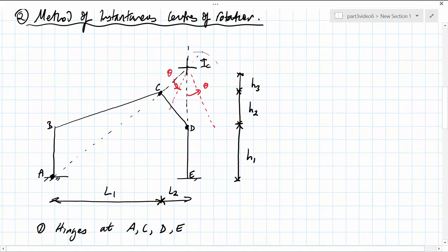So this then allows the rigid body C and D to swing through the angle theta. Then we need to connect all of the other parts of the structure up to this displaced rigid body. So rigid body A, B, and C has now moved. And similarly, rigid body D and E has also moved.